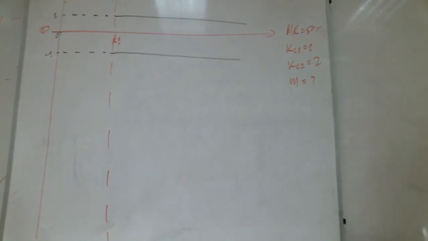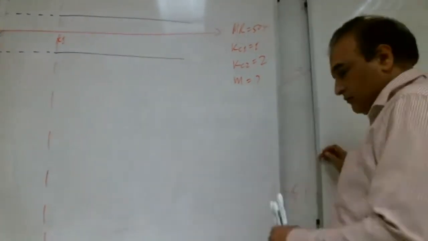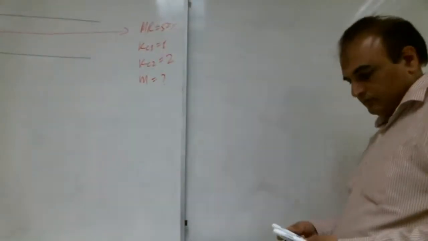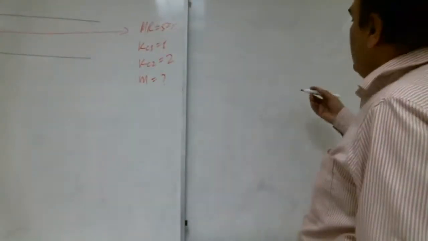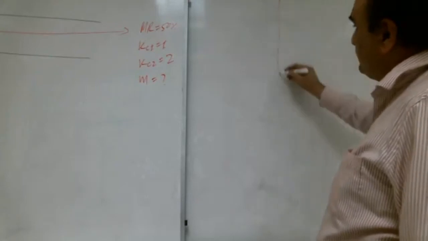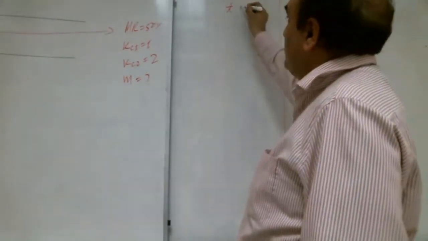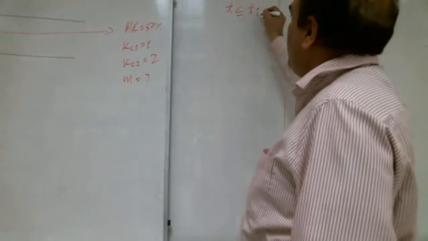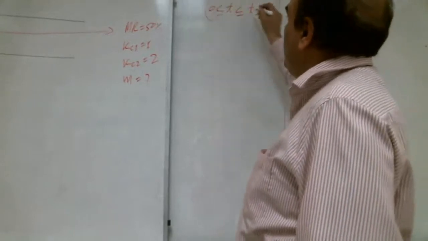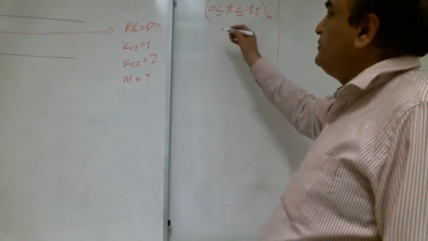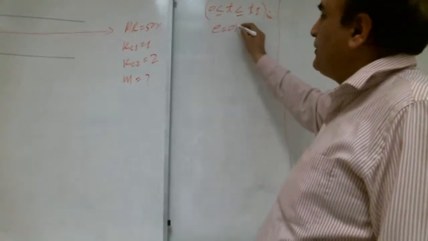Two parts are there. The first is T less than or equal to T1 and greater than or equal to 0 minutes. What is the error here? 0%.